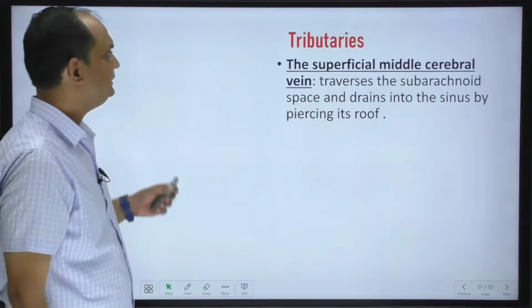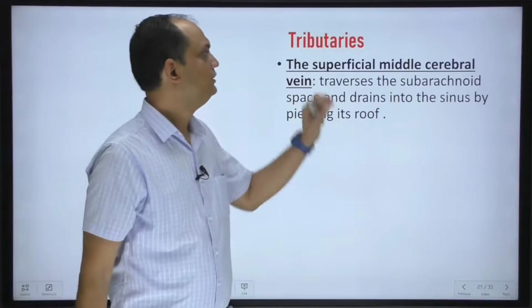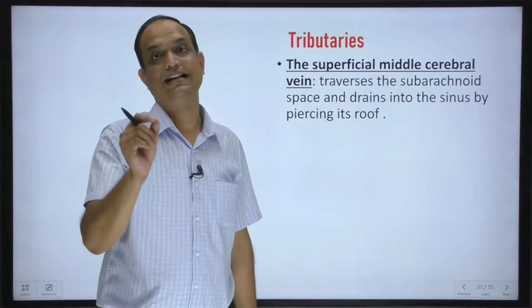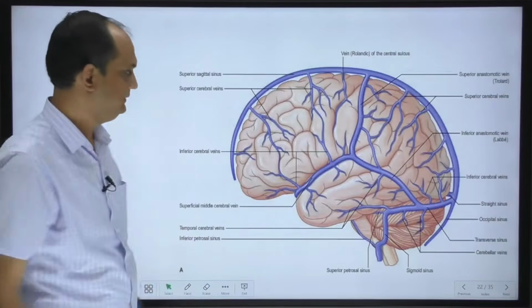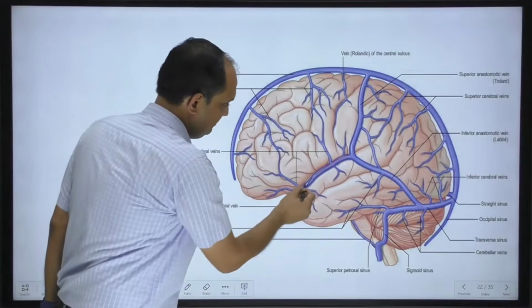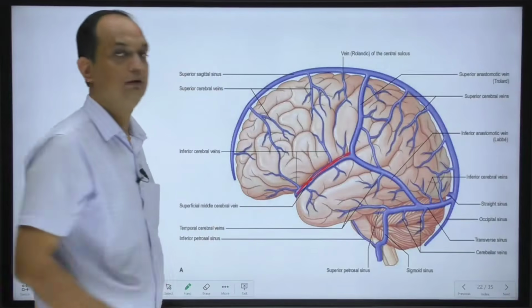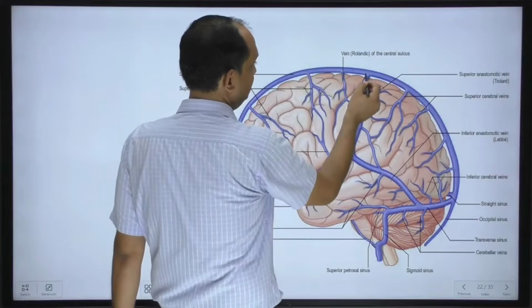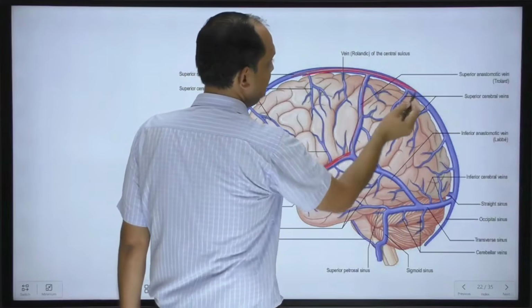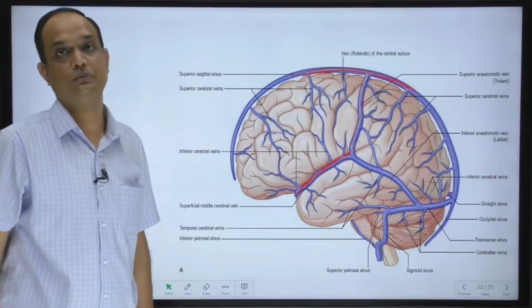Clear? Then you have one more tributary, superficial middle cerebral vein. Now if you see this diagram, this is the superficial middle cerebral vein. The superficial middle cerebral vein also has a communication with the superior sagittal sinus through the anastomotic vein.